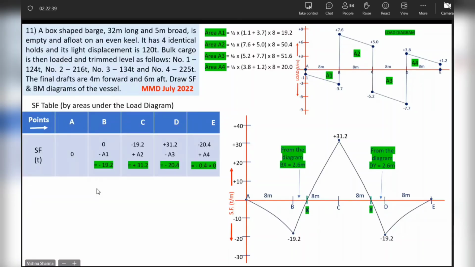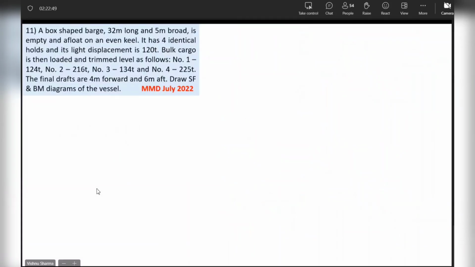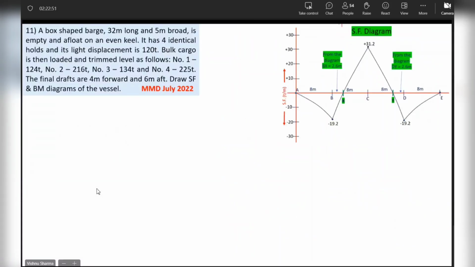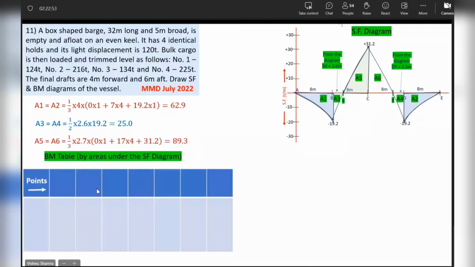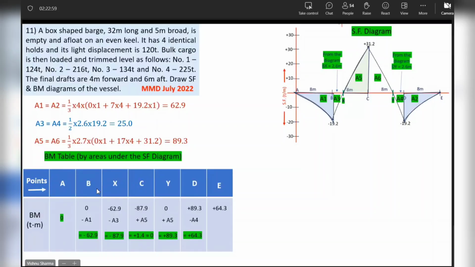You can take it if you so desire, beta. Then we come to here. This is A6, guys.